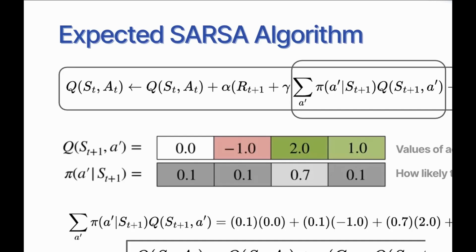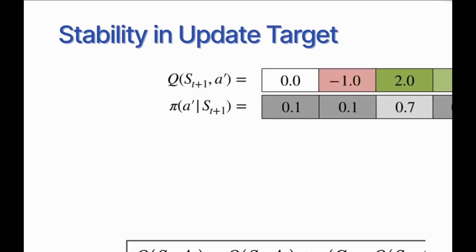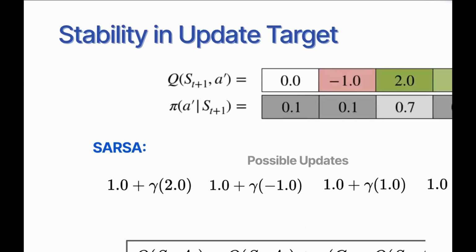Yes, exactly. If this were SARSA, there would be 4 possible updates: 1 plus gamma times 2, corresponding to this. Let's assume 1 is the reward you get. 1 plus gamma times 2, 1 plus gamma times -1, 1 plus gamma times 1, and 1 plus gamma times 0. How likely each update is depends on the policy. There's a 70% chance you'll do this update, 10% chance you'll do this update.